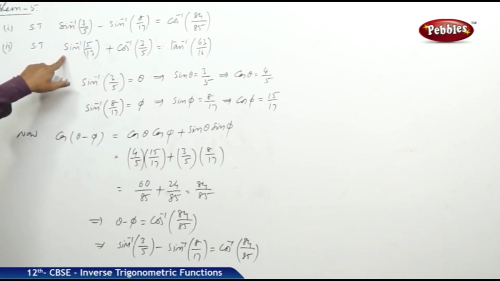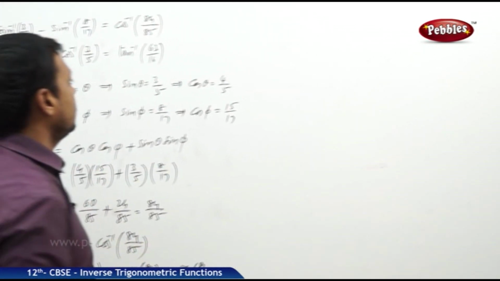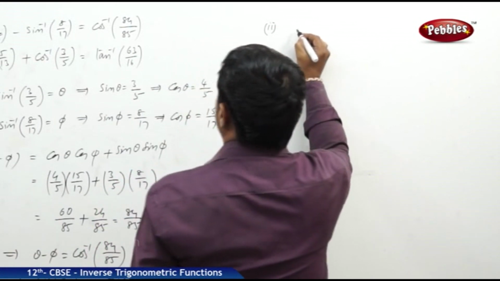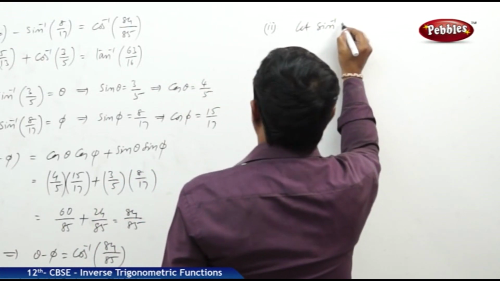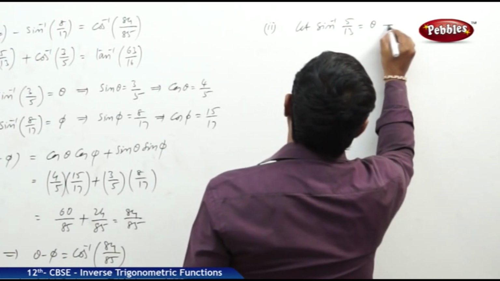Now in the same way we can do the second question. Prove that sin inverse 5 by 13 plus cos inverse 3 by 5 is equal to tan inverse 63 by 16. Now let us take sin inverse 5 by 13 is equal to some theta.